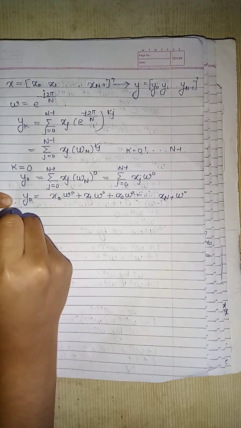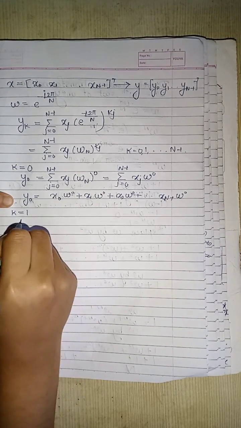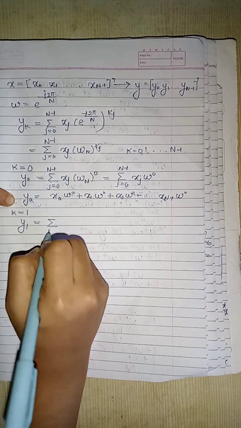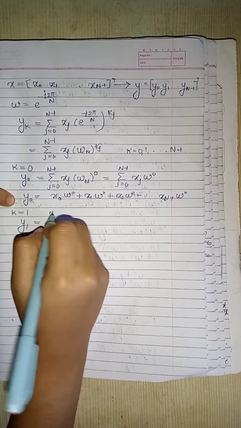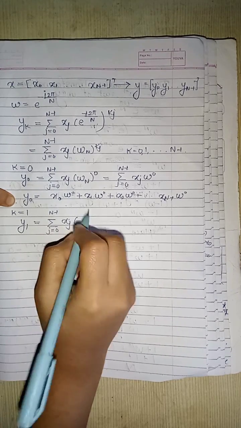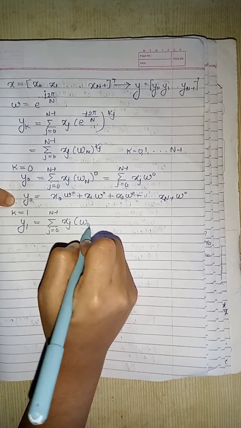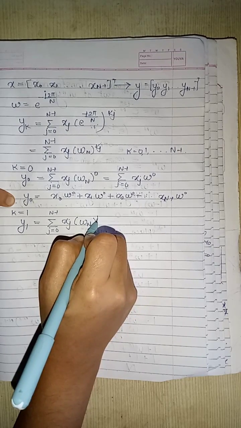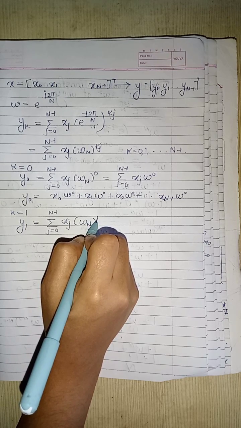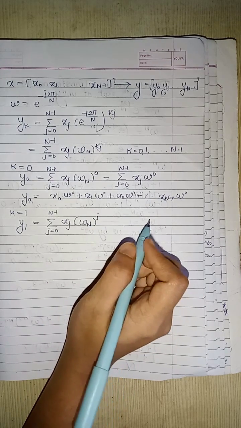Similarly, if you put k equals to 1, then you'll get the second component, that is y1, which will be equal to summation j running from 0 to n minus 1 xj as it is. Now it will be omega n raised to kj, that is, for k equals to 1, it will be just j.